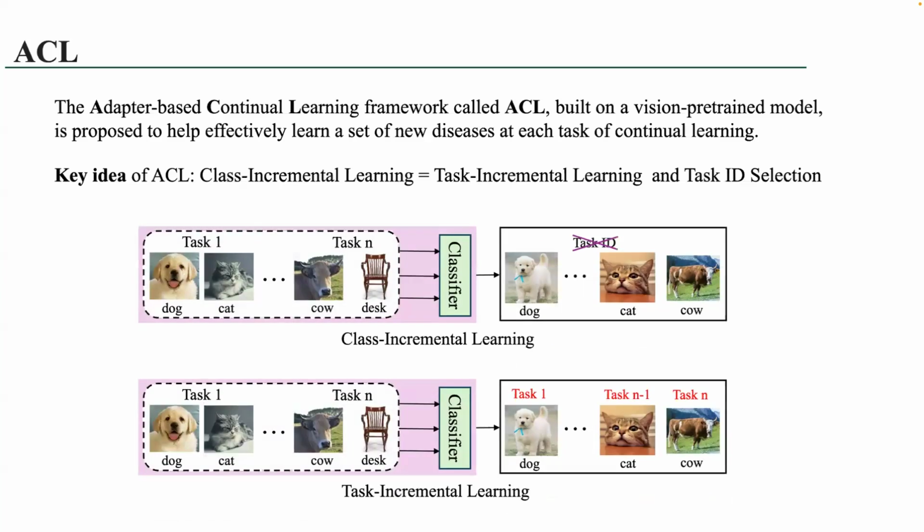As shown in this figure, in task incremental learning at test time, the task ID is provided, but in class incremental learning, the task ID is not available. So in this work, with a pre-trained model and adapter-based tuning, task incremental learning can be efficiently achieved.